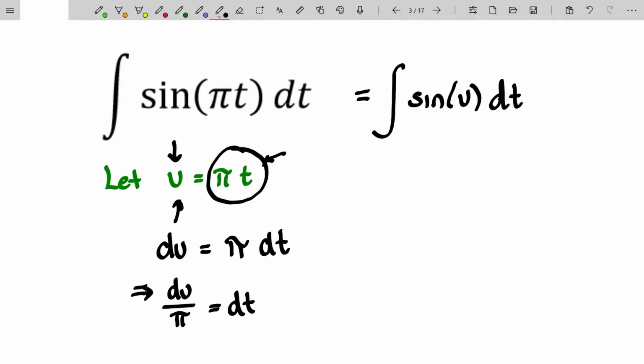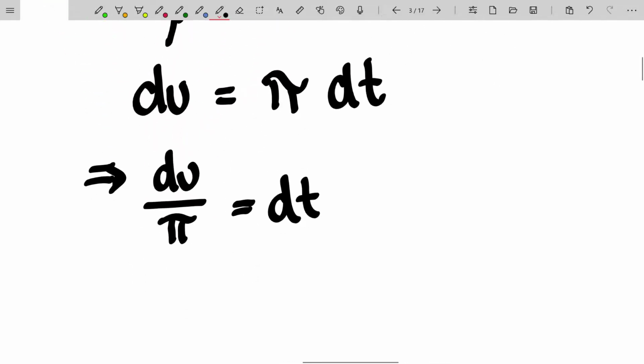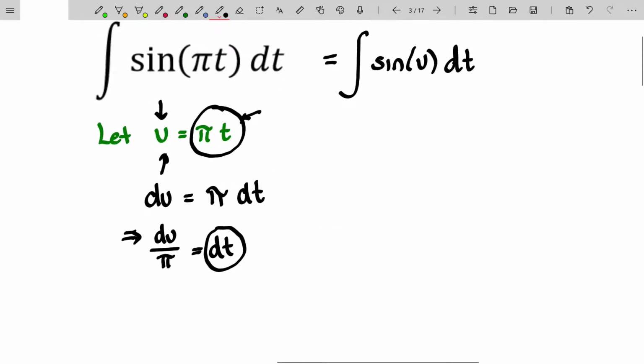Now, initially, when you're introduced to the u substitution method or the substitution rule, most instructors and professors will always solve for their dx, dt, whatever this differential here is. But in the long run, you're not really going to do that. But for right now, we're going to go ahead and just do that because mathematically, it's a little bit easier to see what you're doing.